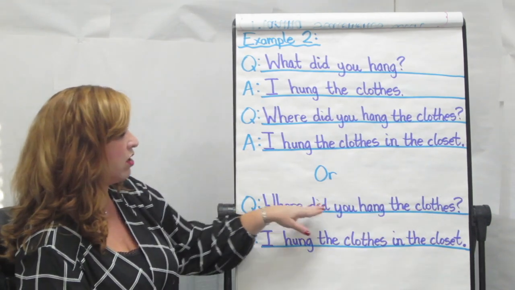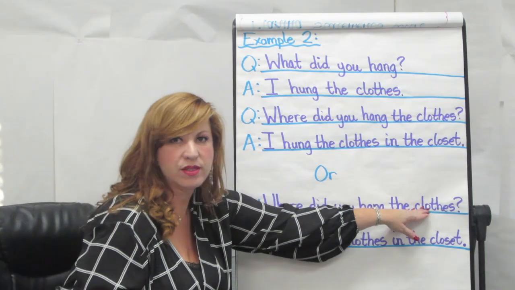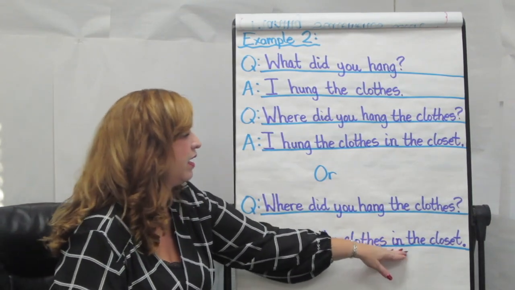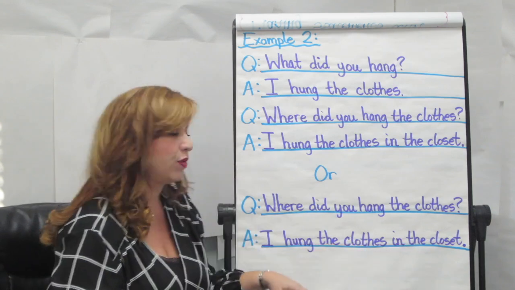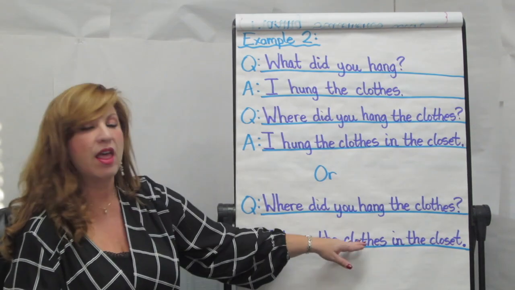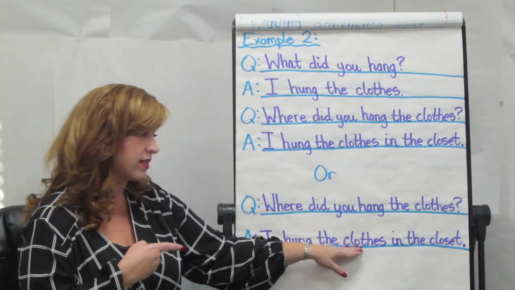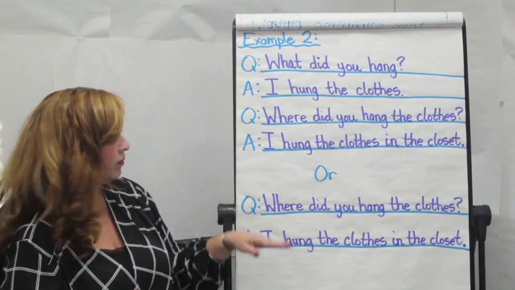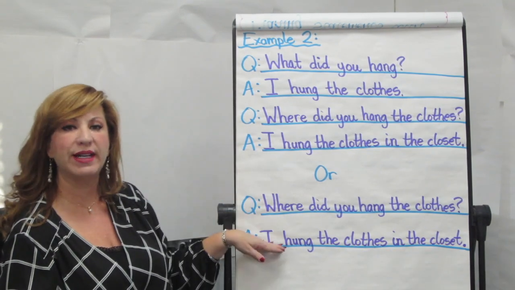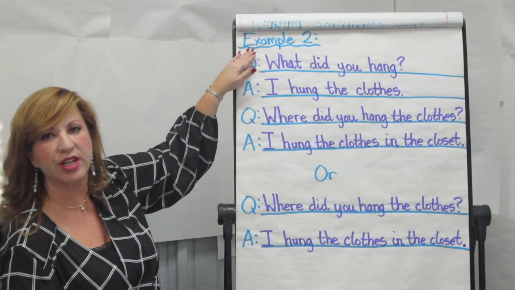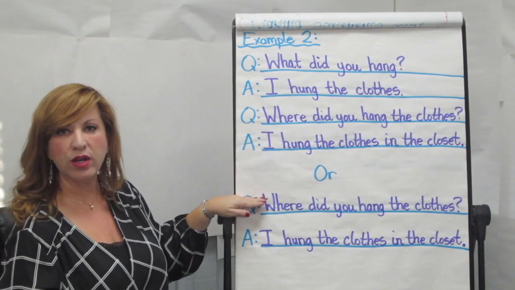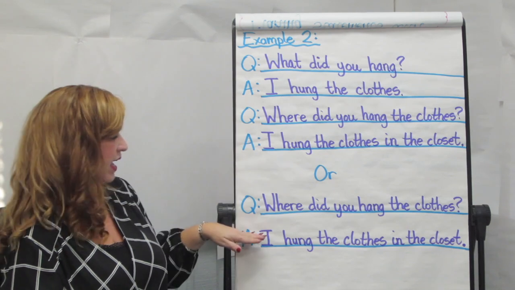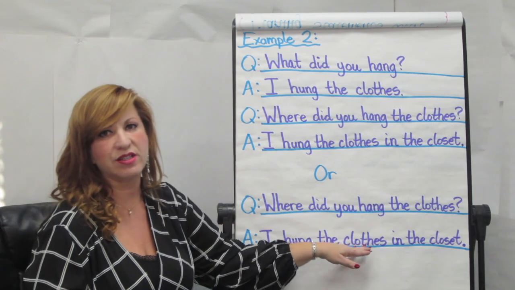So, where did you hang the clothes? I hung the clothes in the closet. So now I'm answering the clothes is the what, in the closet is the where. So we're combining both of these questions into one question, and then we have both answers in one answer.